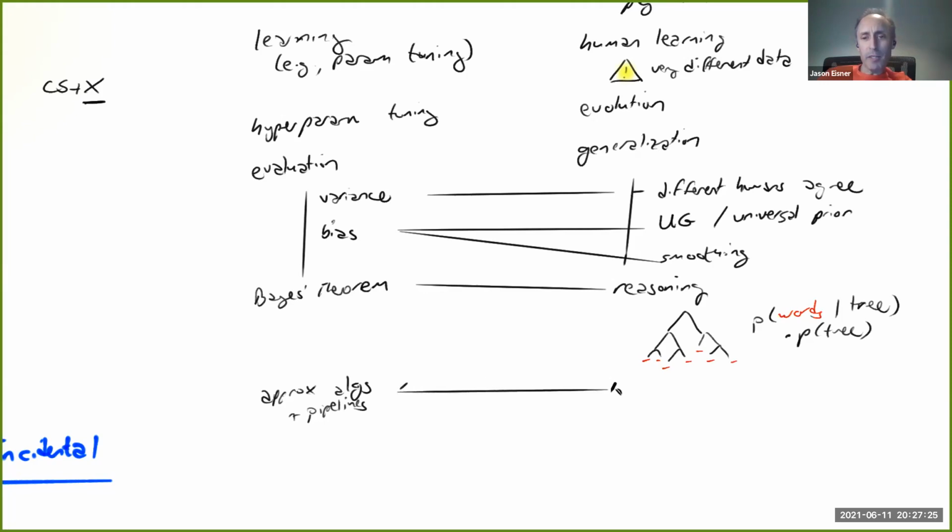And what this corresponds to on the human side, where we're trying to model what humans do, is what psychologists and behavioral economists call bounded rationality.